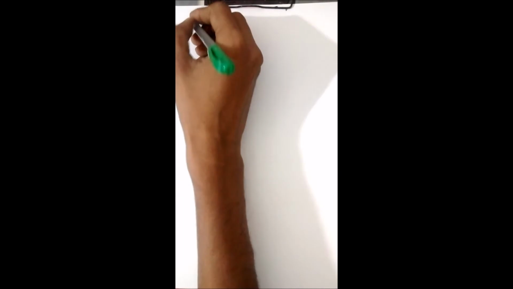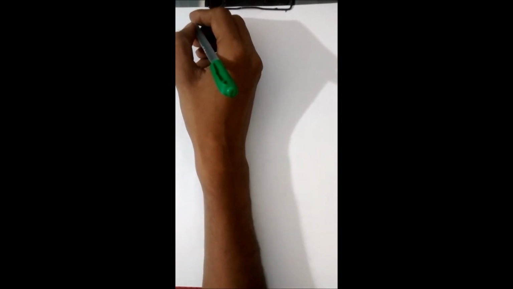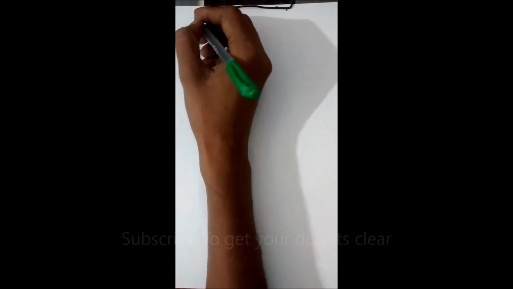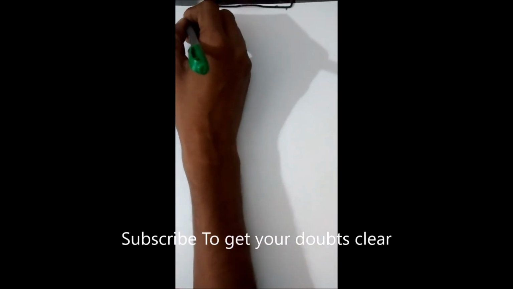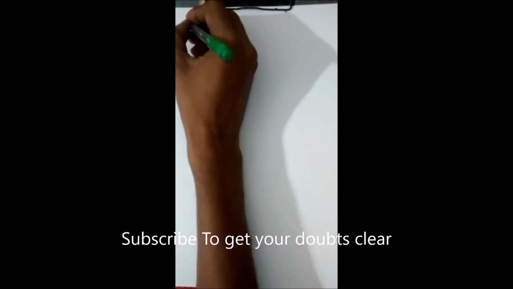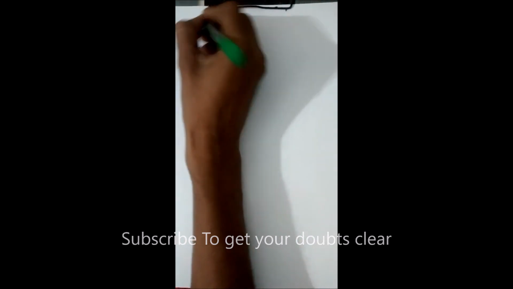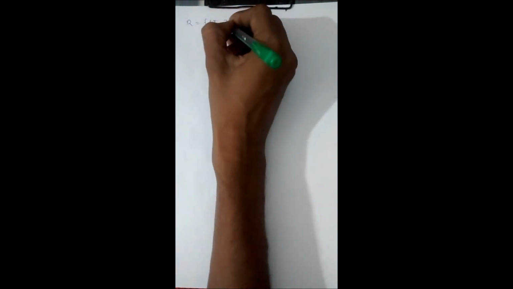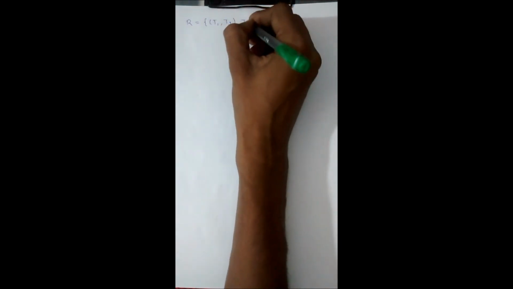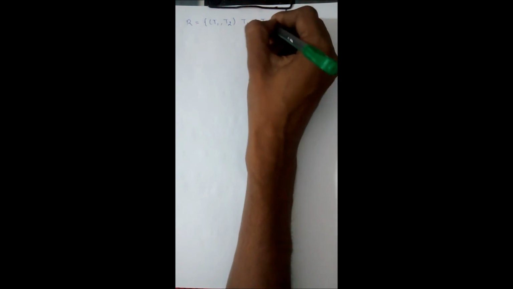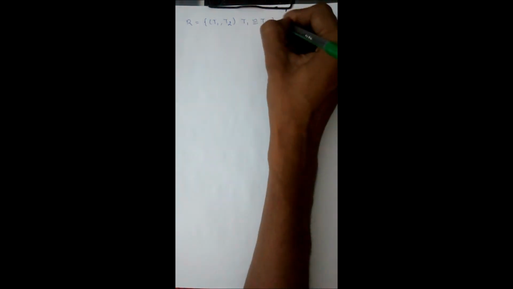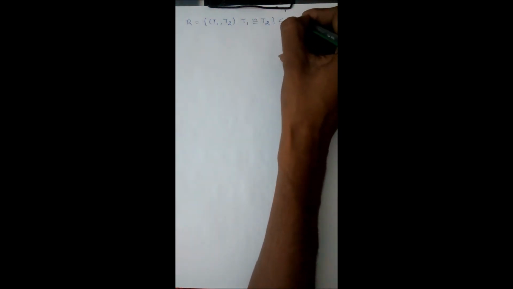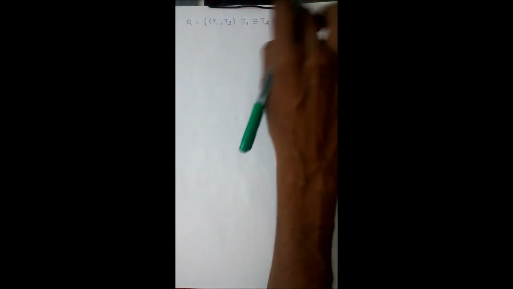Now we are going to check our last condition, which is nothing but transitiveness. So for transitiveness, what do we have? Our relation was R equals {(T1, T2) such that T1 is congruent to T2}, which was a subset of the set of triangles cross product the set of triangles.